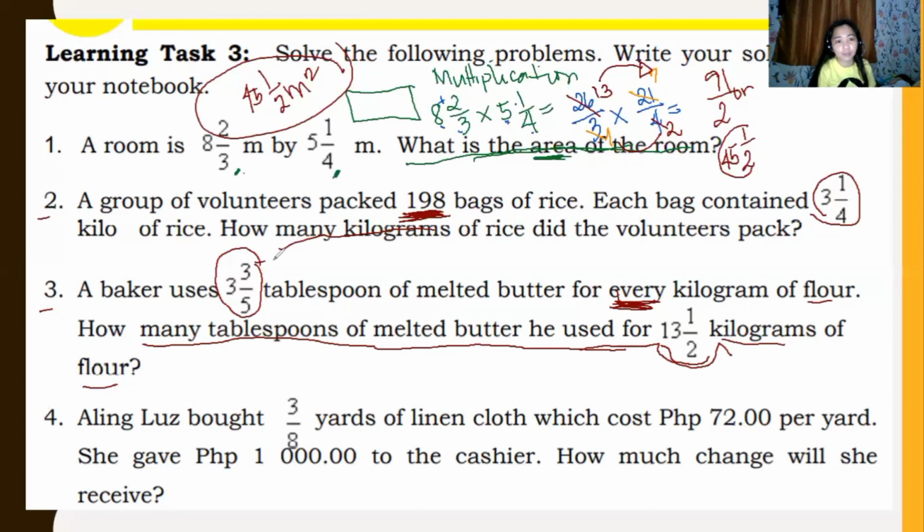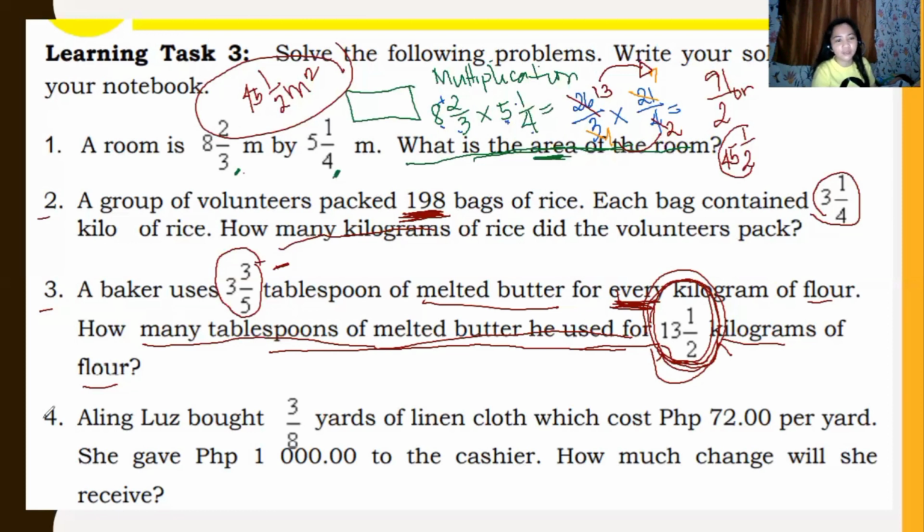Dito kasi, 3 3/5 ay para sa 1 kilogram lang ng flour. What if 13 1/2 kilograms of flour ang lalagyan mo ng melted butter? So, parang ganun lang.